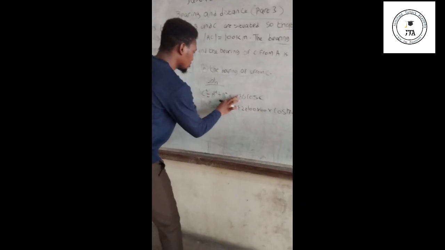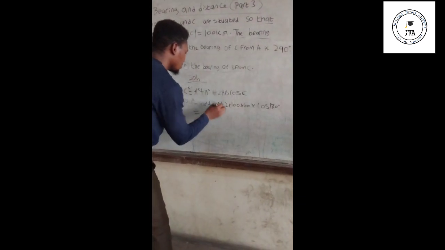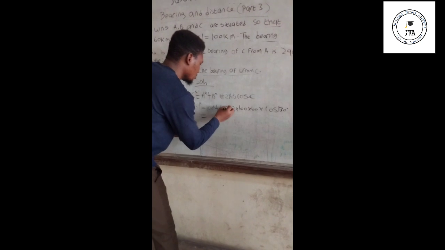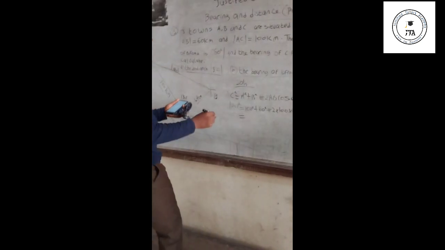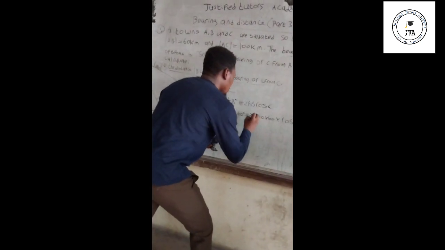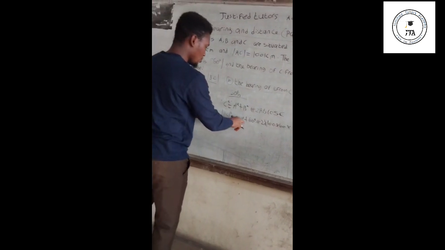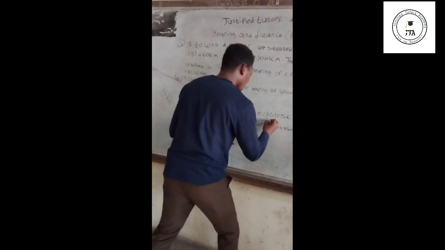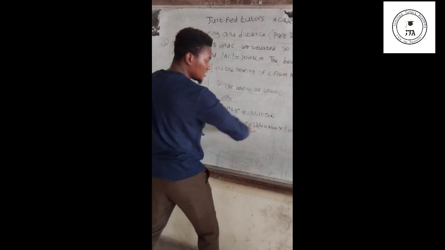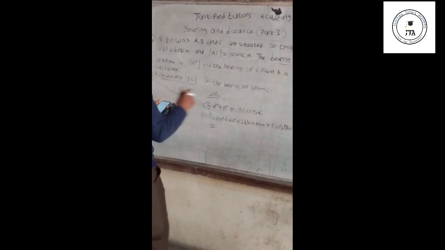Sorry, this one will be minus: minus 2AB cos C. This minus is for everything inside, so you get no mistake.